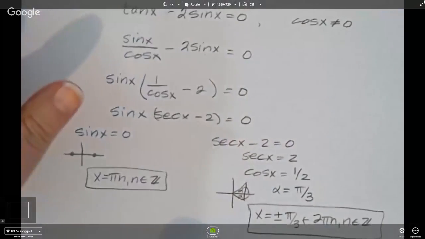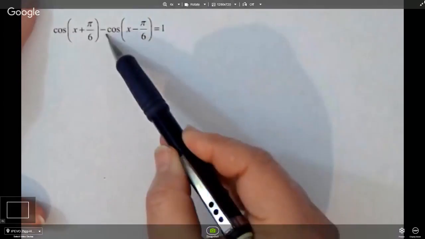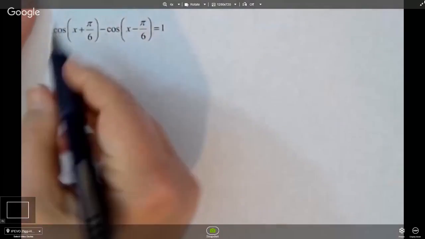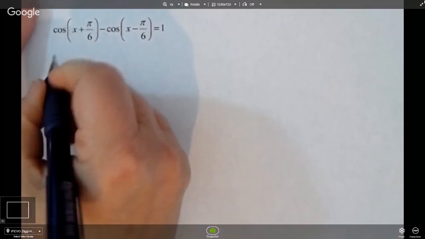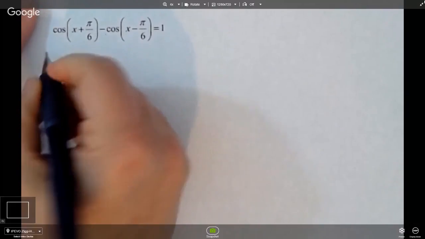And that example is, I haven't done the cosine of a sum and difference yet with an equation. So let's do this one. Again, the tricky part of this one is distributing that negative. So let's expand the cosine of a sum. That's going to be cosine, cosine, sine, sine, and the signs are opposite.